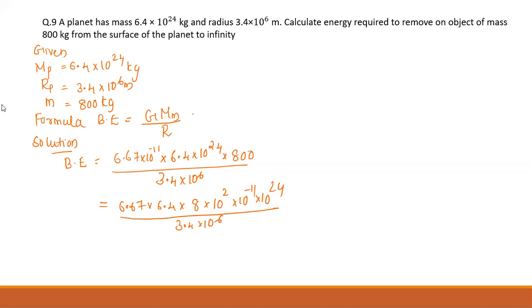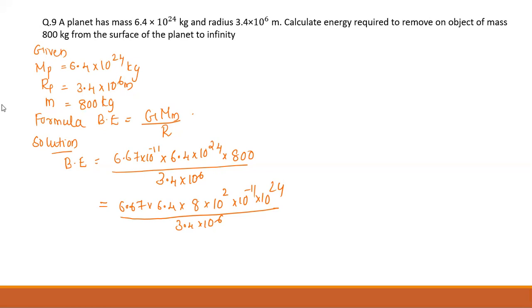So here on solving the power of 10, 24 plus 2, 24 plus 2 is 26. 26 minus 11 and minus 6. 10 raised to 6 on taking to numerator will become 10 raised to minus 6.